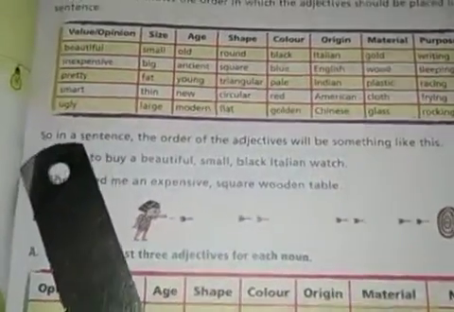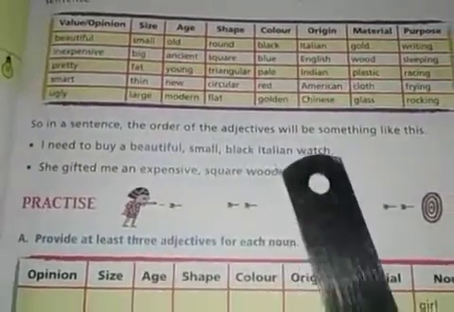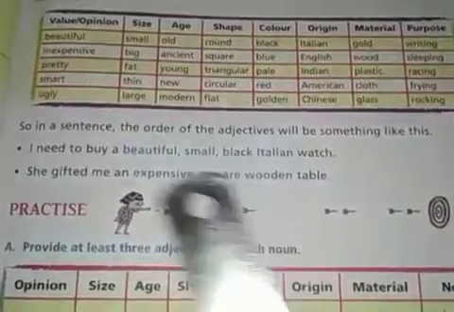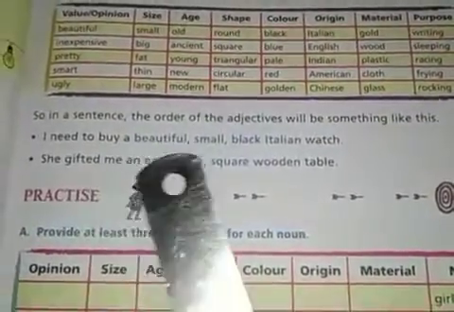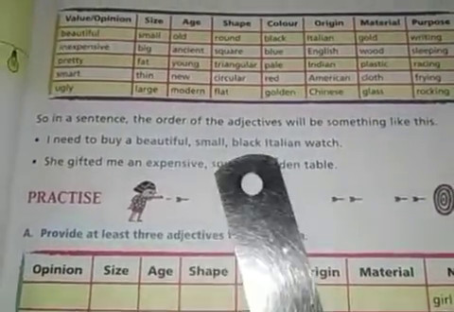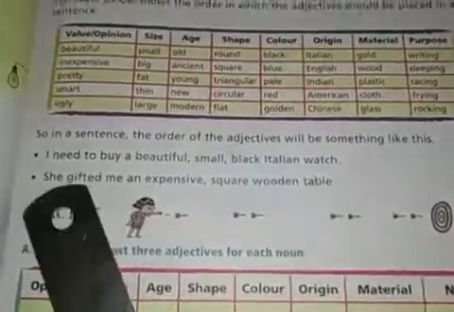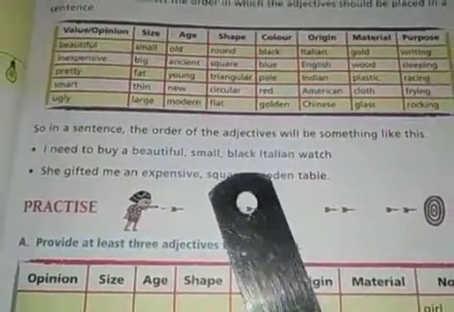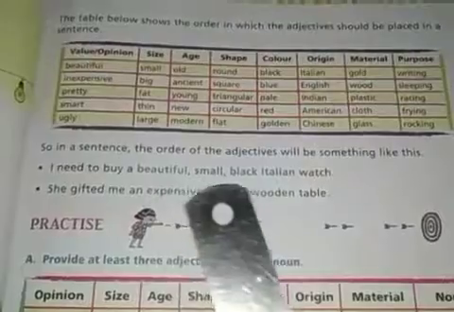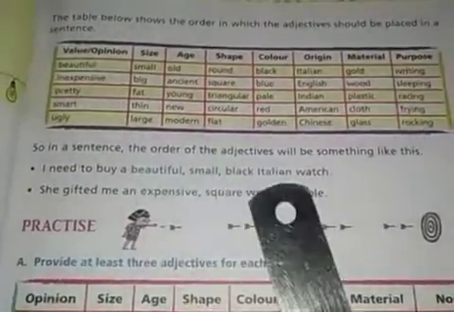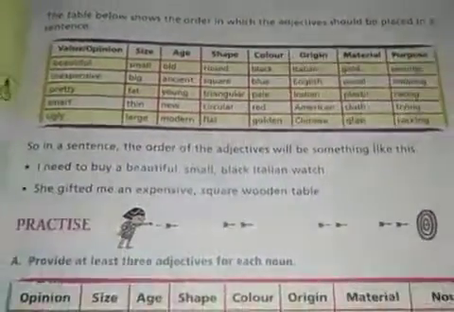Look at that. In a sentence, the order of the adjectives will be something like this: I need to buy a beautiful small black Italian watch. So in this sequence you are going to use your adjectives. Here beautiful, small, black, Italian are all adjectives, and they are written in a sequence.